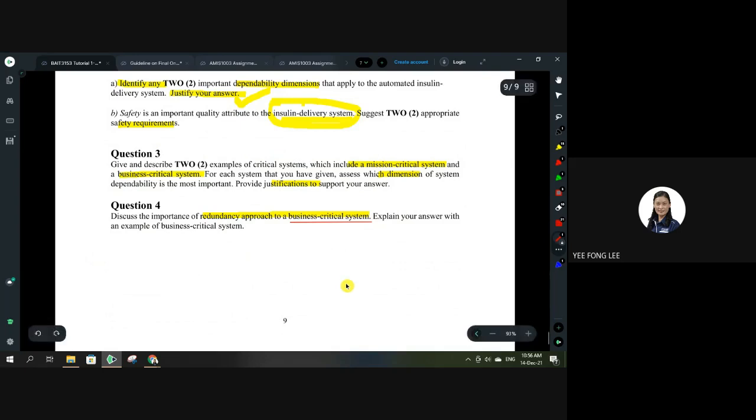There are plenty of examples, but choose the one more related to you. If it is more related to you, you will understand more, and when you explain you can elaborate in detail. If you use systems that you have only heard of but don't know, it will be hard for you to justify your answer.